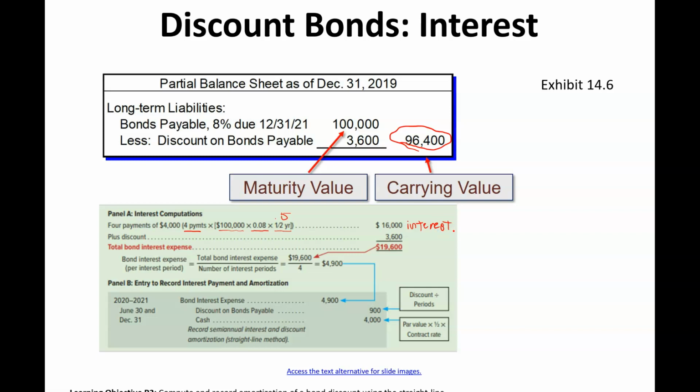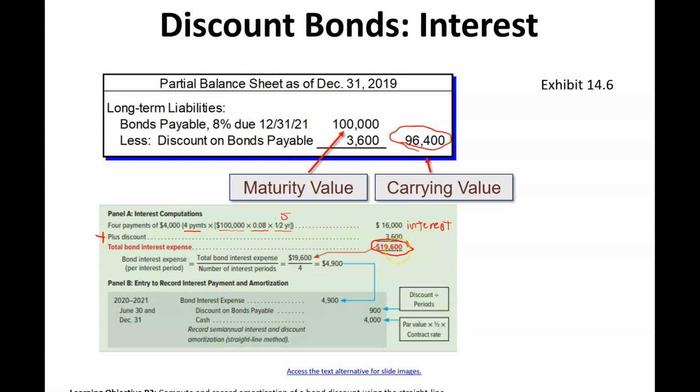And then you add the discount of $3,600. So in this 2-year period, twice a year, it will end up being $19,600.